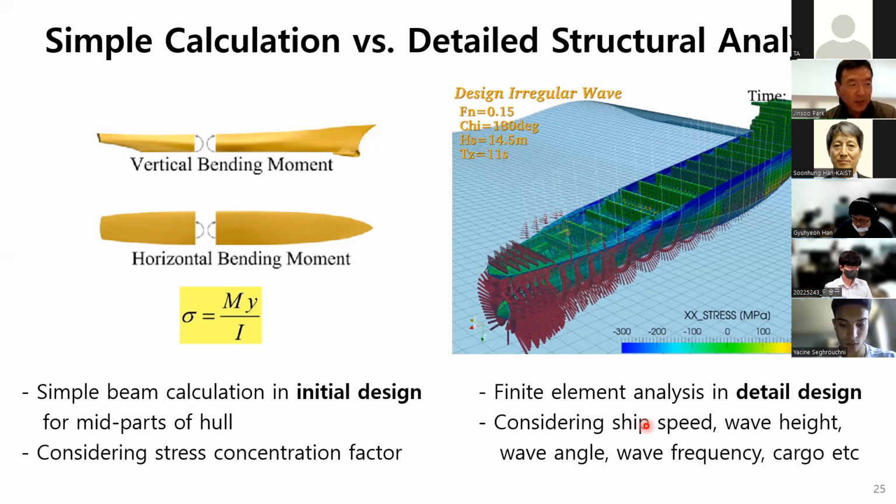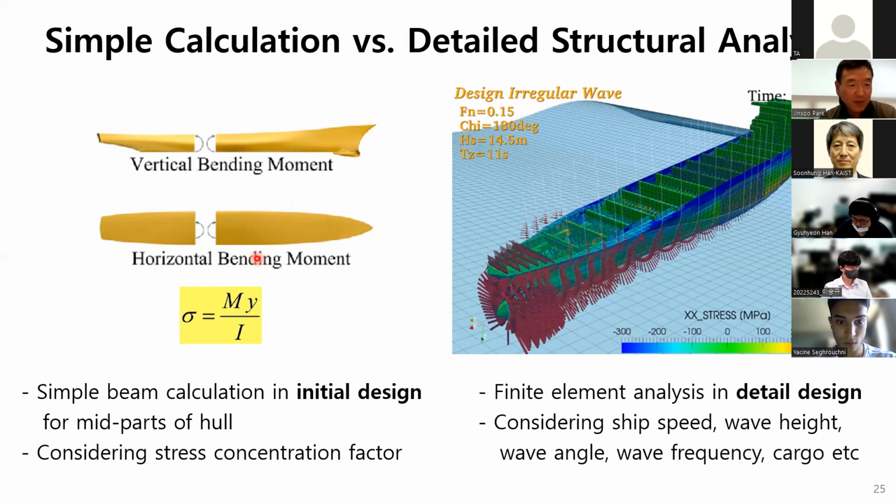Next one is, in the initial design stage, we usually use simple beam calculation to determine maximum bending stress at midpoint using maximum vertical and horizontal bending moment.